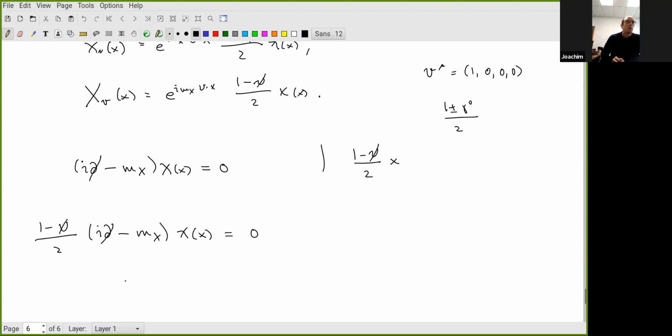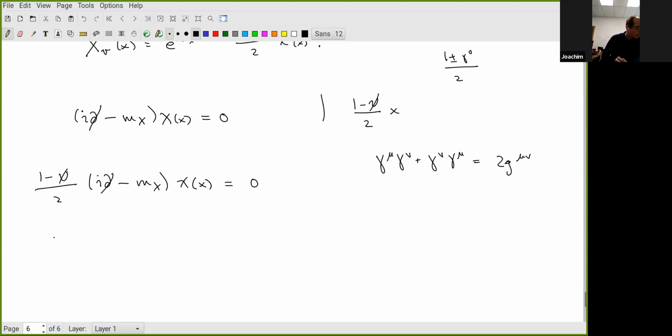Okay, so now we want to commute this projector to the right. Here this is just a scalar, so nothing happens. But here we have a gamma matrix, and here's a gamma matrix. So we need to remember the Clifford relation, which tells you that the anticommutator of gamma mu and gamma nu equals 2 g mu nu. This means if you commute gamma matrices, you pick up a minus sign and you get a correction term from this g mu nu.